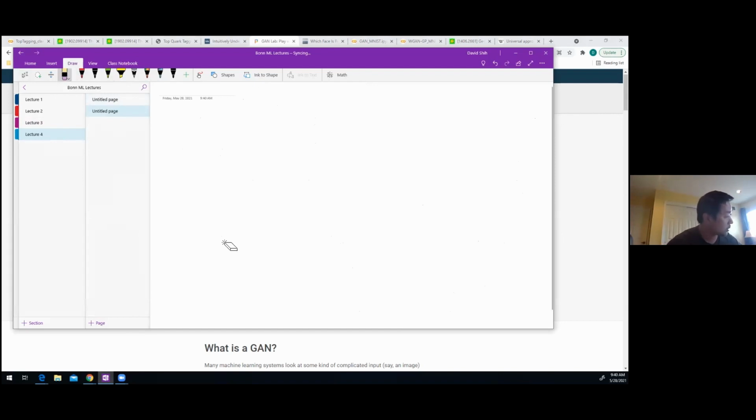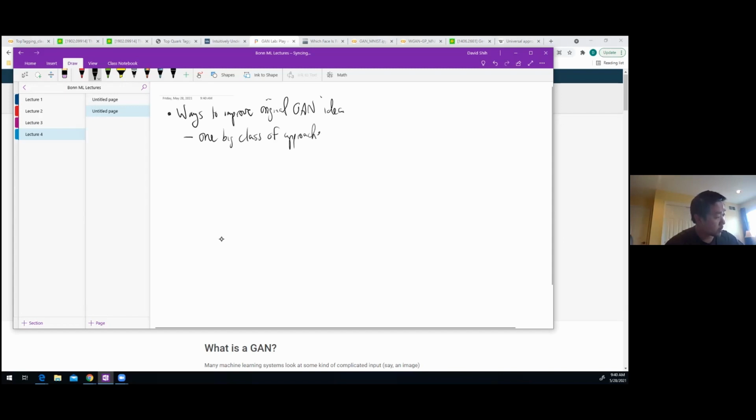but there are ways to improve the original GAN idea. And I think one big class of approaches to improving the original GAN idea is to tinker with the loss function.